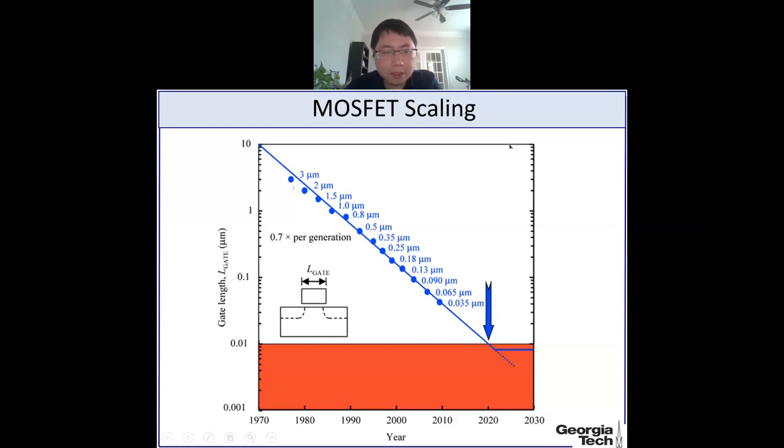From the 1970s, 3 micrometer node, to 2008, 35 nanometer, and today 10 nanometer or 7 nanometer as of 2020. So this is the exponential decrease of the gate length L over the years.